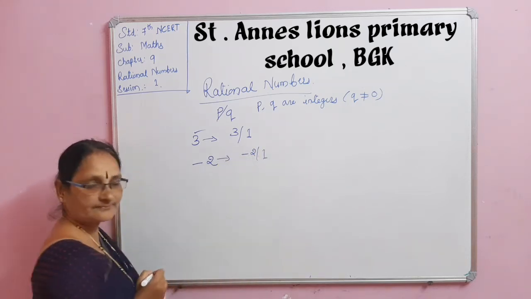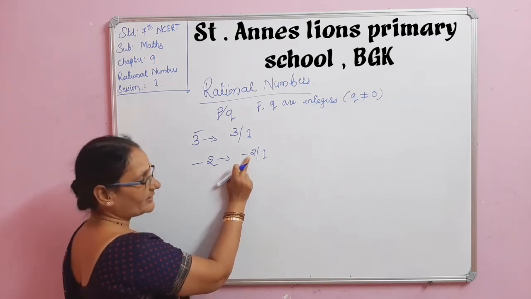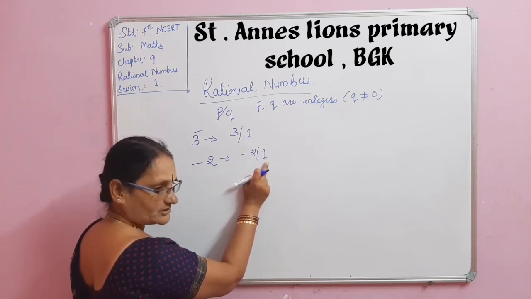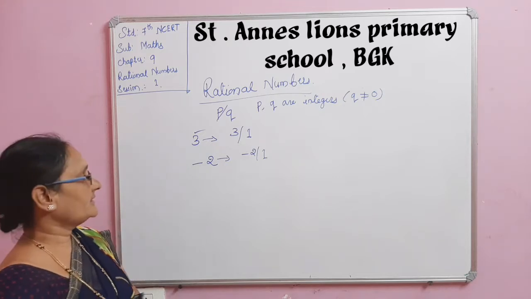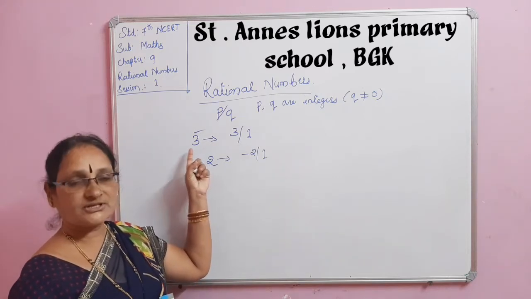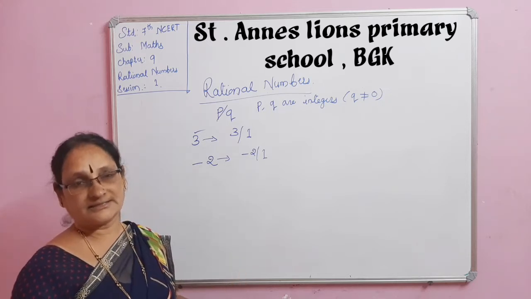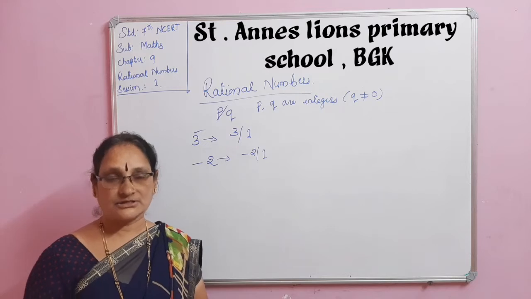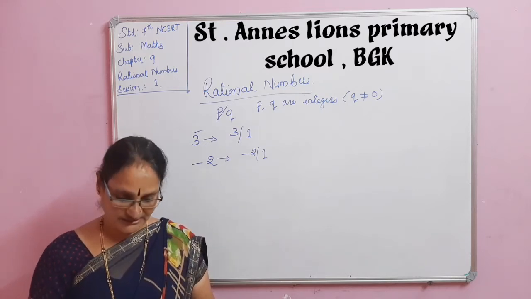It is expressed in the form of p by q, and these two are integers, one negative and one positive, and q is not equal to 0. That means even the positive integers and the negative integers are all rational numbers. That's what I told you, the rational number set is a very big set. It includes natural numbers, whole numbers and integers.